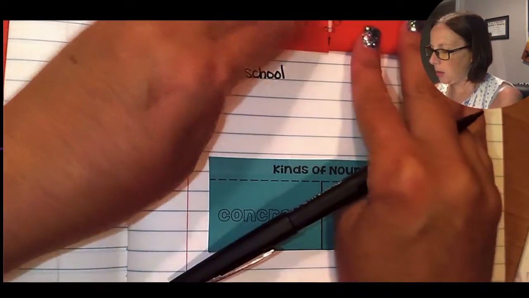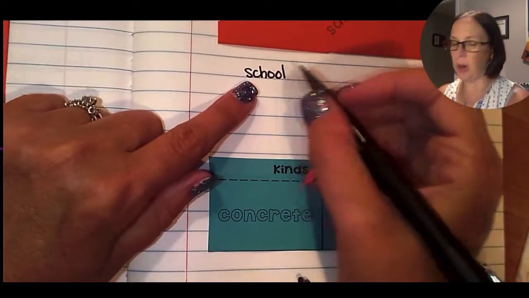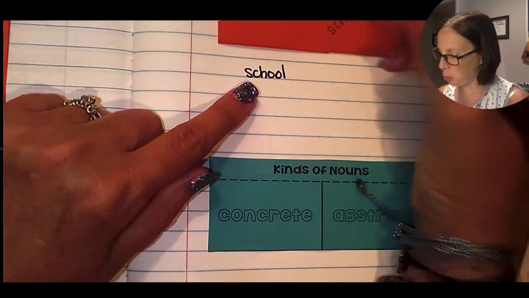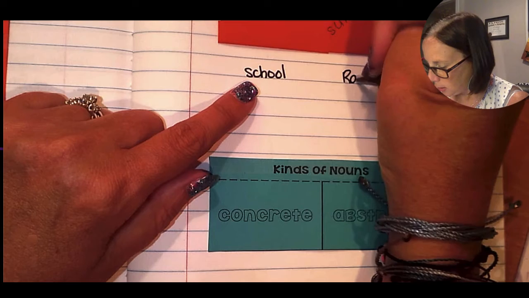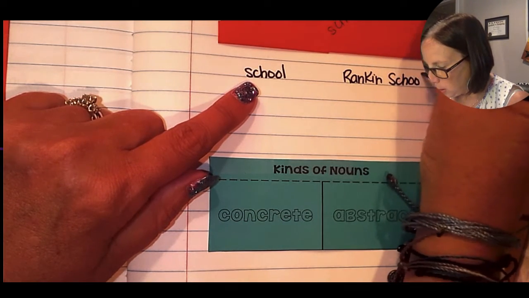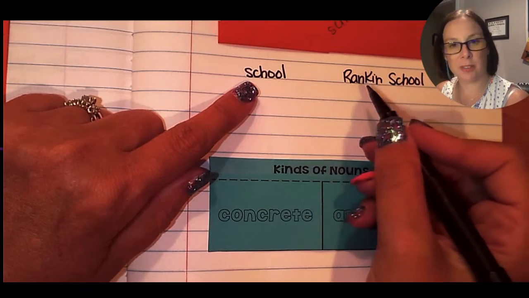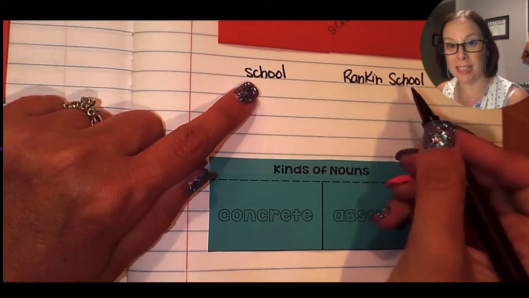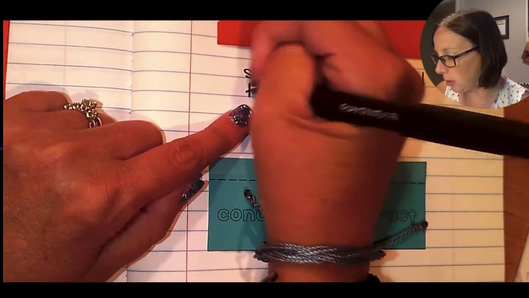Okay, the difference would be if you wanted to name a specific school, like Rankin School. Okay, so this is a specific school and I've capitalized it. Do the same here.